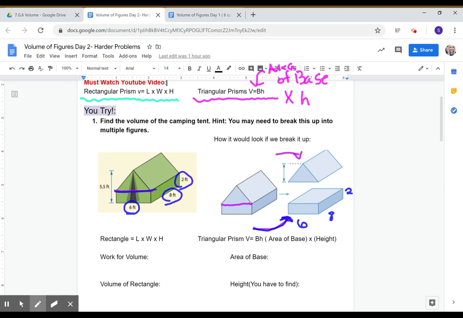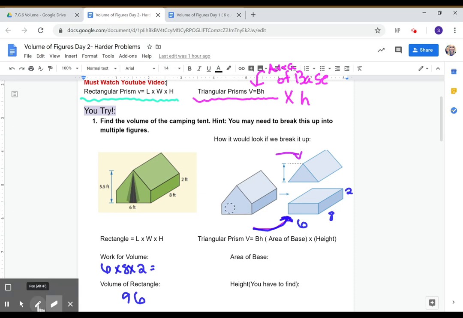For my work, I'm going to do 6 times 8 times 2, and if I multiply that together, I get 96. That's not my final answer. I found the volume of one piece, that bottom rectangular piece.